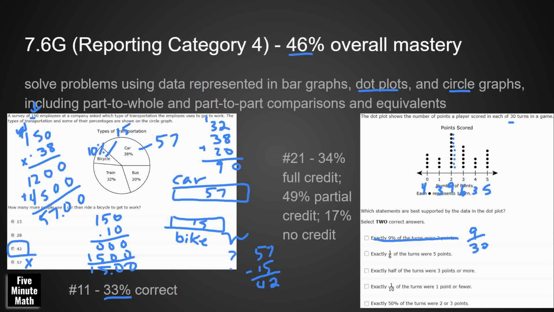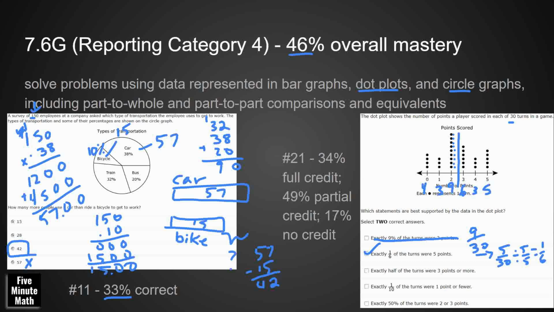Okay, so exactly 1/6 of the turns were 5 points. Okay, 5 points is, let's see, that's going to be 5 out of 30. Let's see, divided by 5 to simplify. And I've got 1/6. Okay, option 2 is correct. Half the turns were 3 points or more. Well, let me just draw a line here.